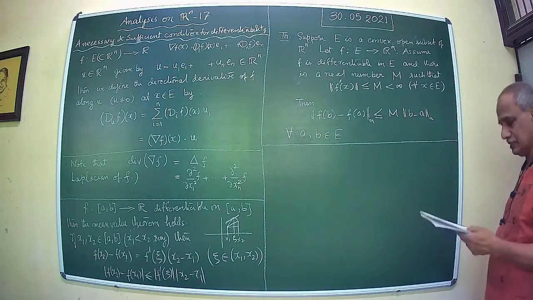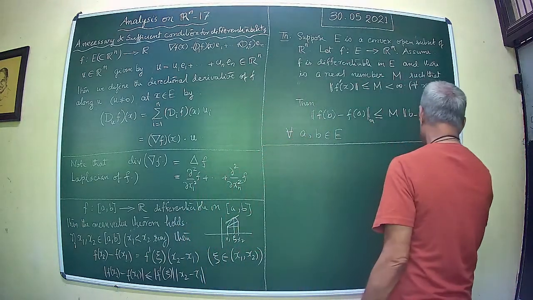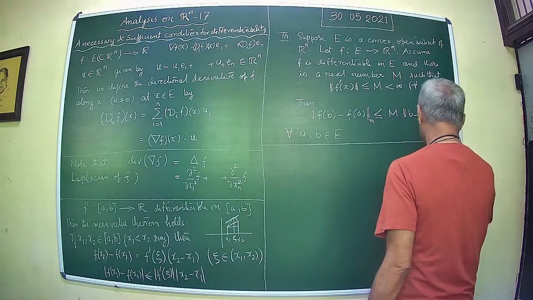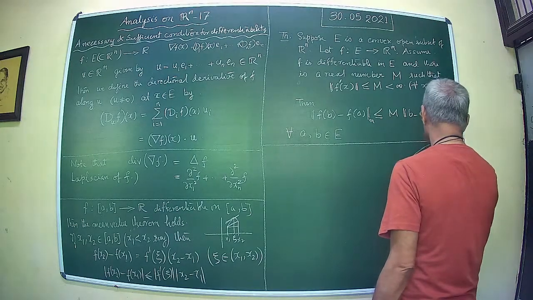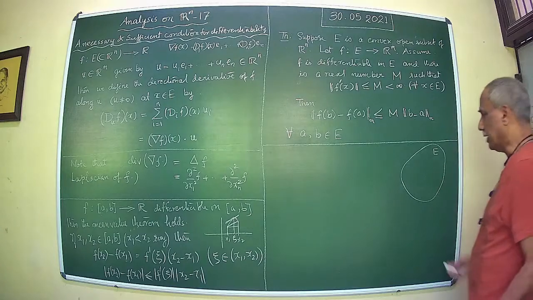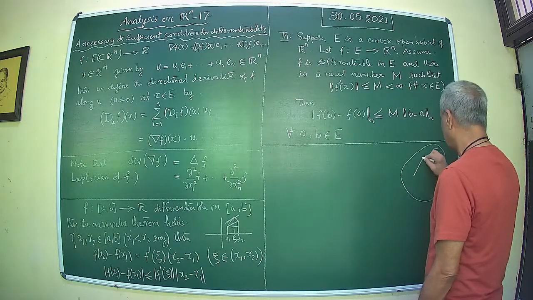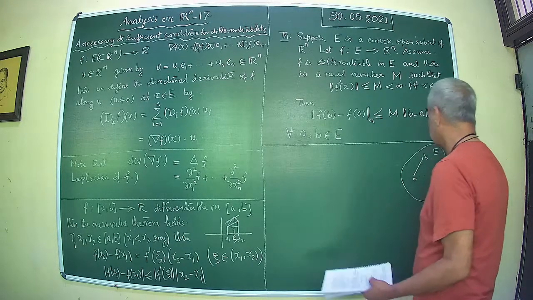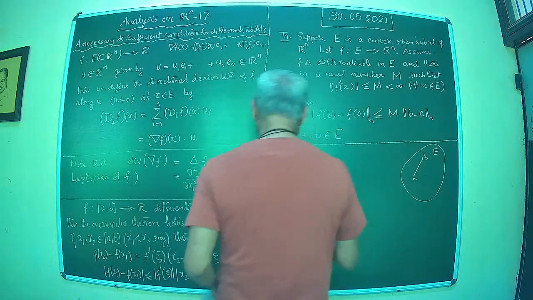Okay, so let us see how we prove this. Now first of all, we are told that E is a convex set, a convex subset of R^n. The consequence is that given two points, the entire line segment joining them lies in E. So let us prove this.